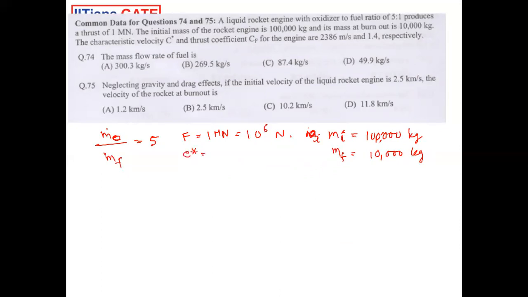Characteristic velocity is given and thrust coefficient is 1.4. The mass flow rate of the fuel we have to find out.